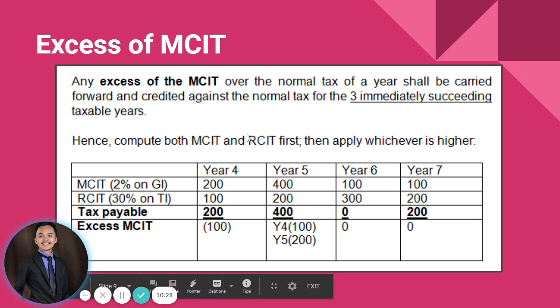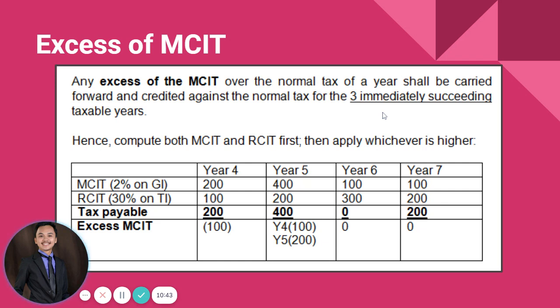Now, any excess of MCIT over the normal tax of a year shall be carried forward and credited against the normal tax for the three immediately succeeding taxable years.